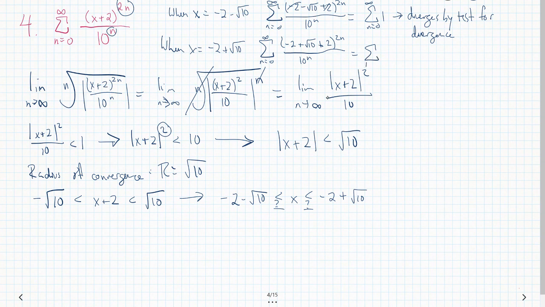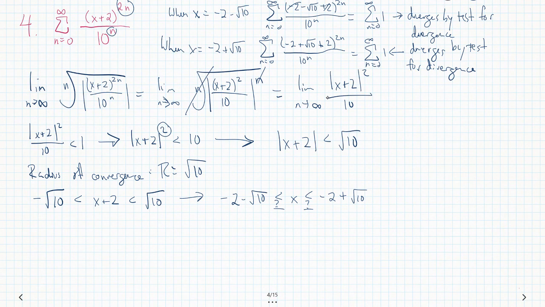That also equals the summation n equals 0 to infinity of 1, which diverges by the test for divergence. I should clarify, when you're doing that, you're just taking the limit as n goes to infinity of whatever's inside the summation. The a sub n in this case is 1, so it diverges because of that value.